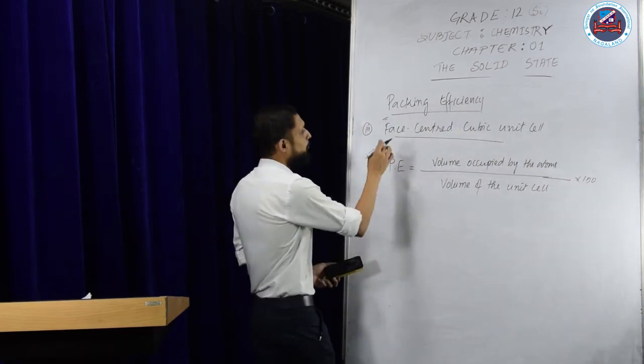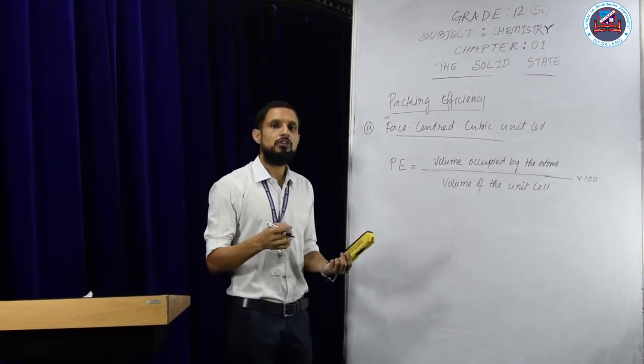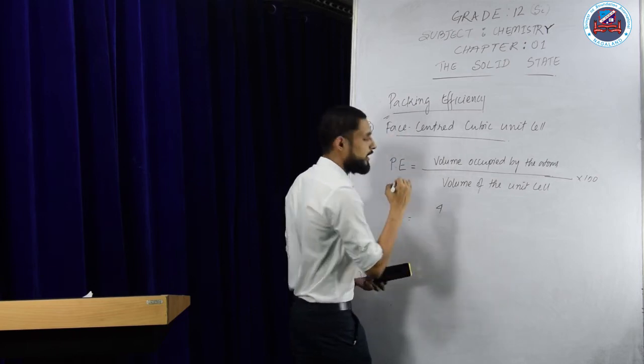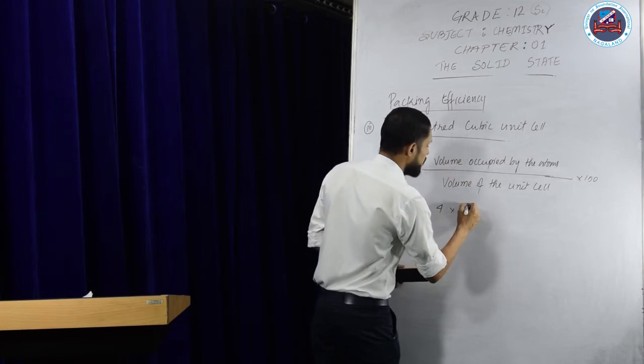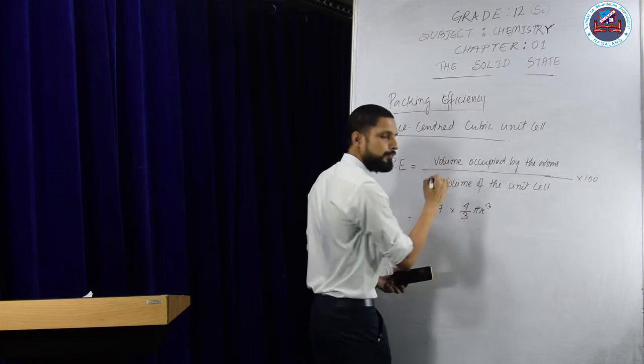Now in case of face-centered cubic unit cell, we have already calculated the total number of atoms is 4. So now the volume occupied by the atoms is equal to 4 multiplied by the volume of an atom, which we know is 4 by 3 pi r cube.